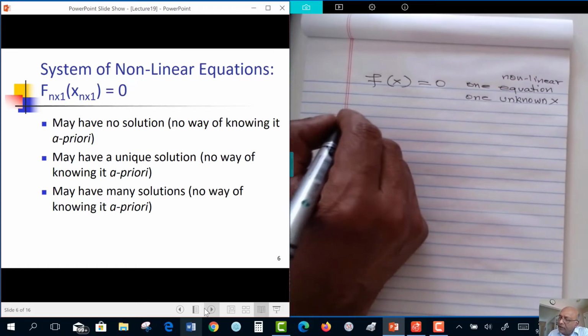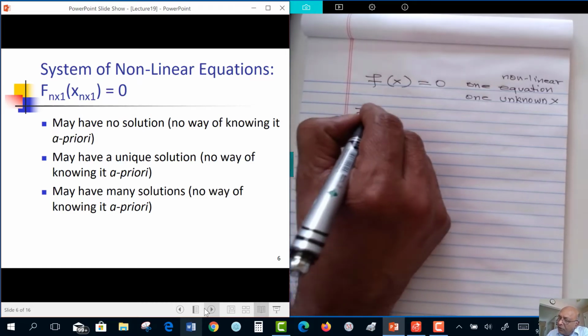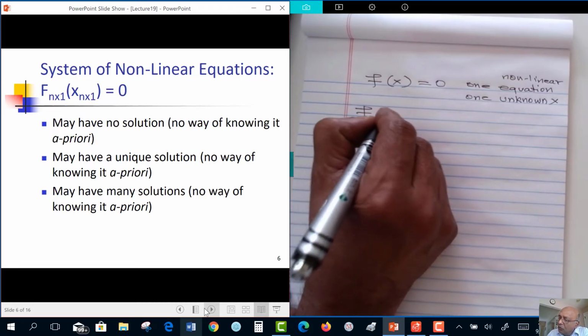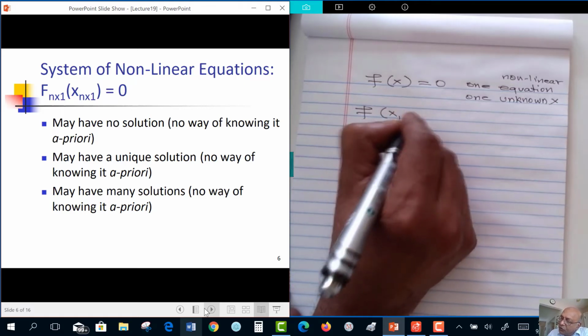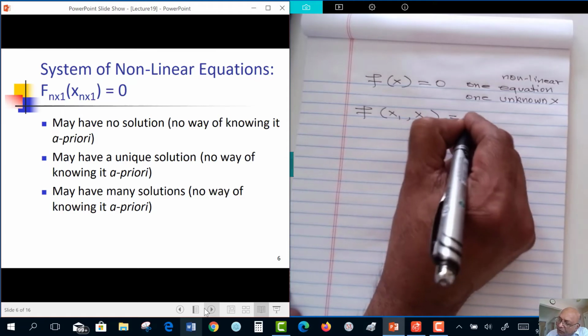Now let's suppose we want to solve equations in two unknowns, and let's number them: x1, x2, is equal to 0.